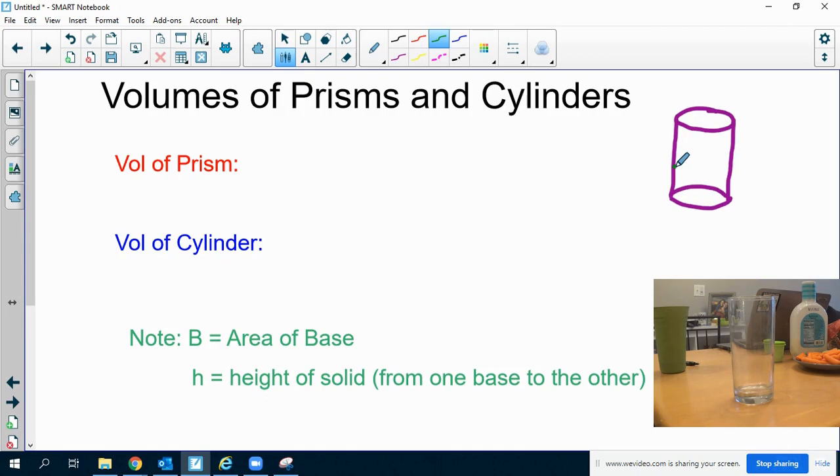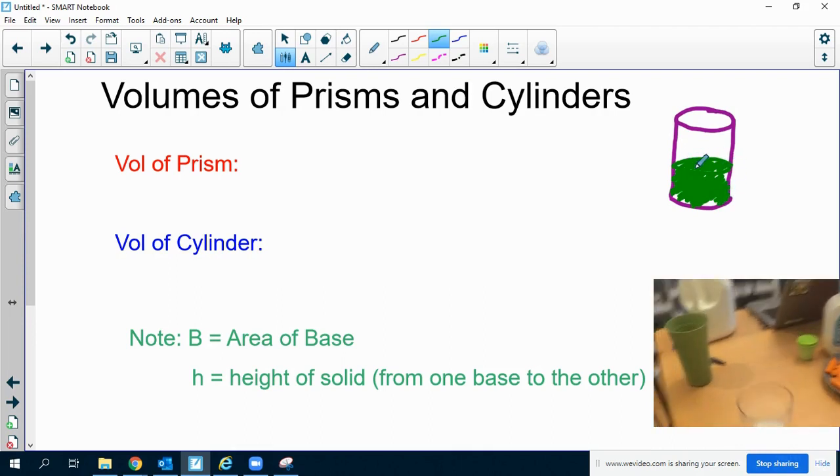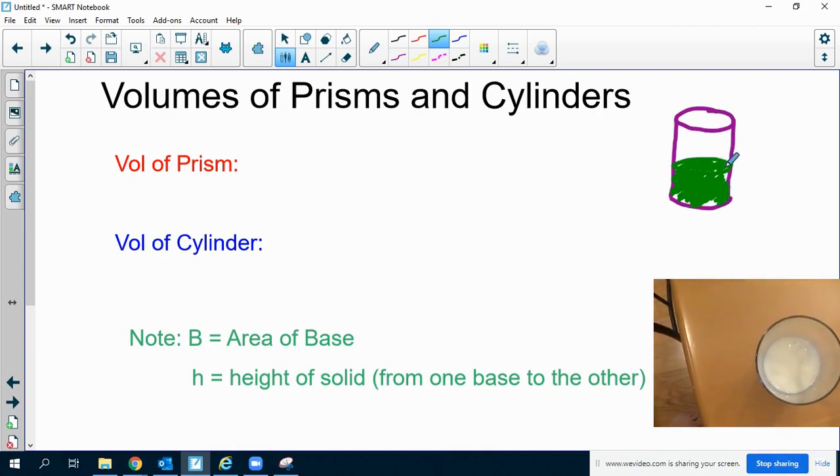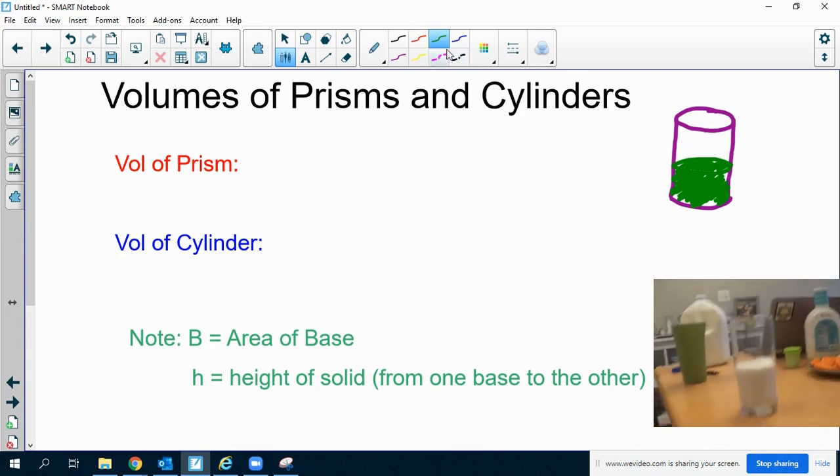So what I have to understand is, let's say I pour a certain amount of water in, green water, I guess. So let's say I pour a certain amount in and it's not all the way to the top. But what I would notice is that the shape I see after it all settles in would be a circle.